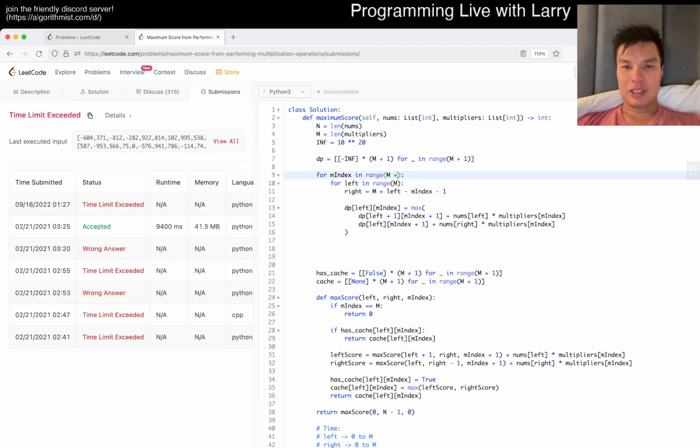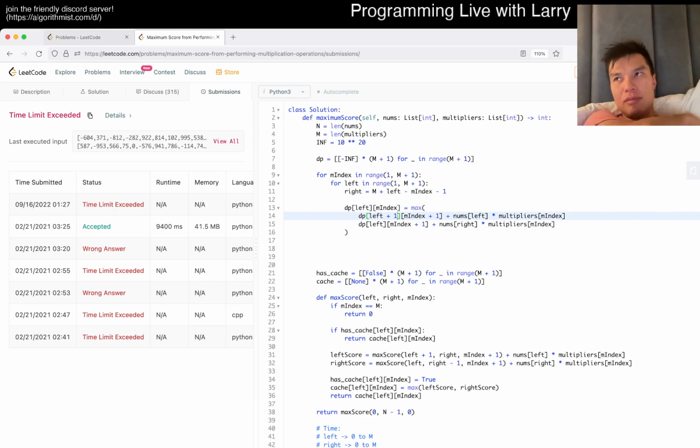Okay, so we actually want to start at 1, 1 maybe. And then going the other way is so much easier though. Yeah, maybe let's just do it this way then.